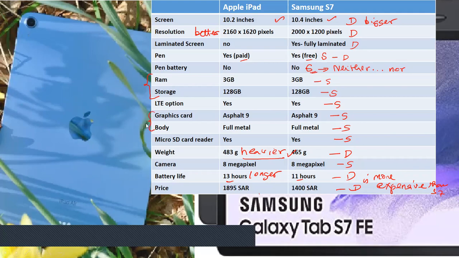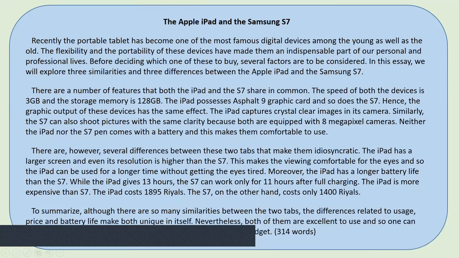Now, let's look at a sample essay for this chapter, these points. This is an essay. I have given you 314 words, just to give you all the options, but you write only 250, means between 225 and 275. Clear? Now, look at the introduction. As usual, the first one is the hook, a topic sentence. And here, this is the background information.